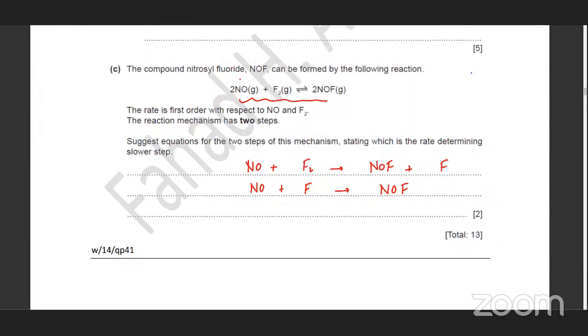So let's say this one is the slow step. This one is the rate determining slow step. So my rate would be dependent on the concentration of NO and F. So rate would be dependent on the concentration of NO and it would be dependent on the concentration of F. फिर पता लगता है F तो intermediate है, that's made in the previous step, and F itself is dependent on the concentration of F2 and NO.